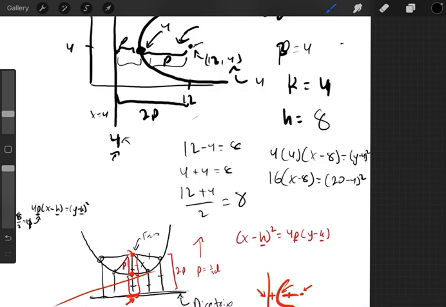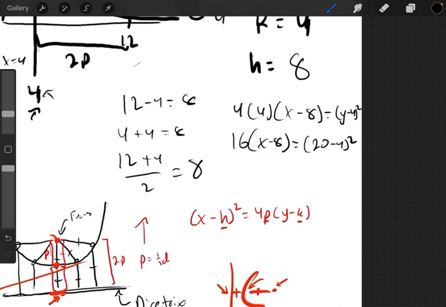For this part I can see why this would be a little confusing, but I went over this a little bit earlier, in person, not in this video: try to keep everything in a kind of factored form. What I mean by that is right here you have 16, and it's asking for 16 squared.